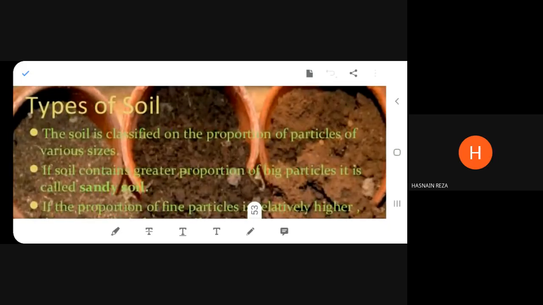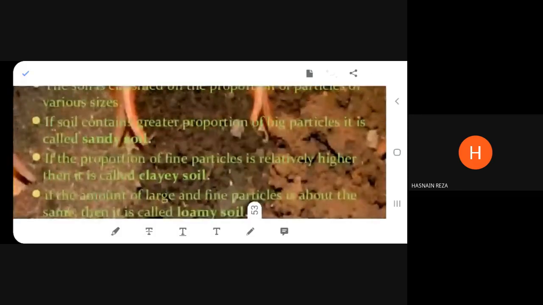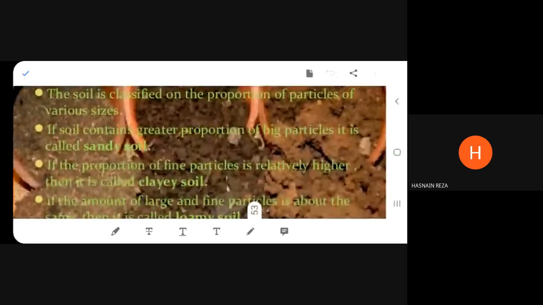If soil contains a greater proportion of big particles, it is called sandy soil.